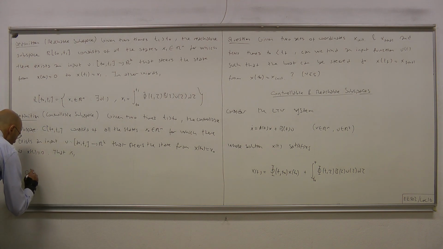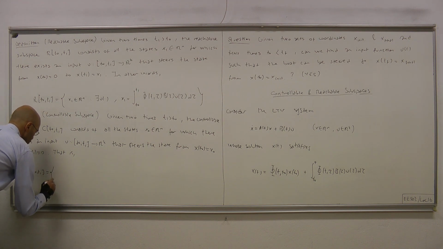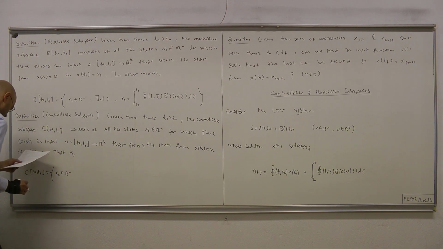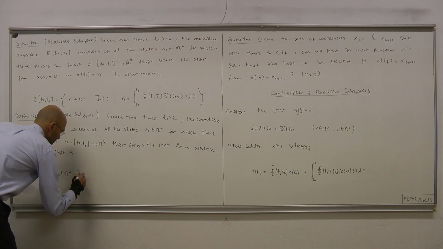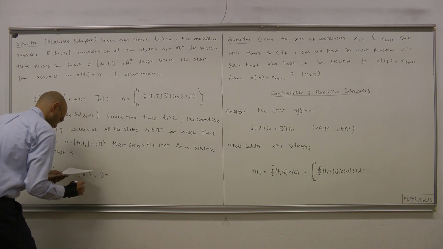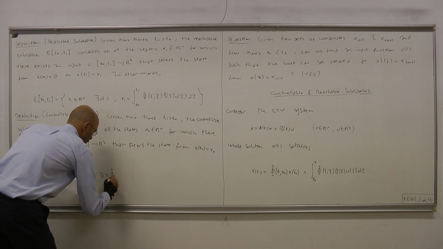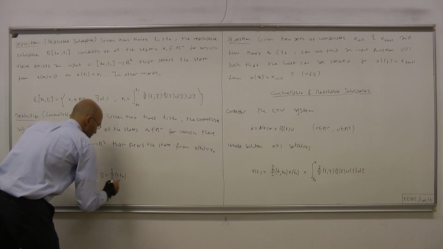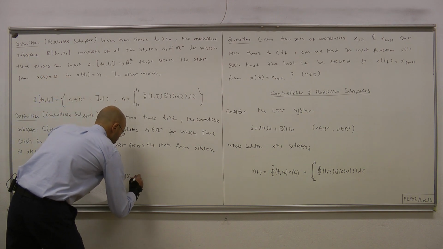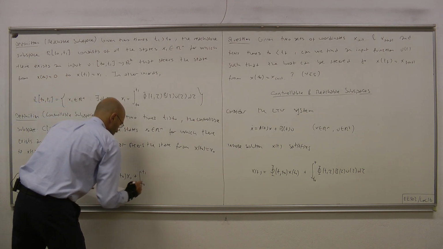So here is a compact way of writing that. The controllable subspace is the set of all initial conditions x0 in Rn such that there exists an input such that 0 equals phi(t1, t0) x0 plus the integral from t0 to t1 of phi(t1, tau) B(tau) u(tau) d tau.